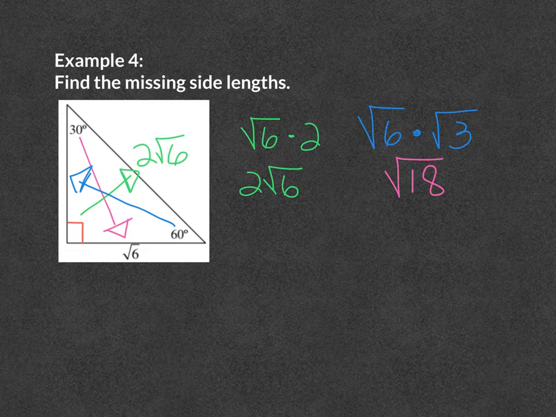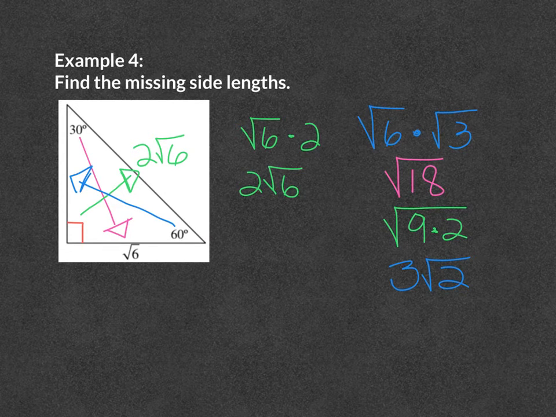I want to break that down. 9 times 2 will also give me 18. I know that 9 is a perfect square because the square root of 9 is 3, so I will have 3 root 2 for my answer. So the side across from a 60-degree angle will be 3 root 2. And that's how you find the missing side lengths to this triangle.